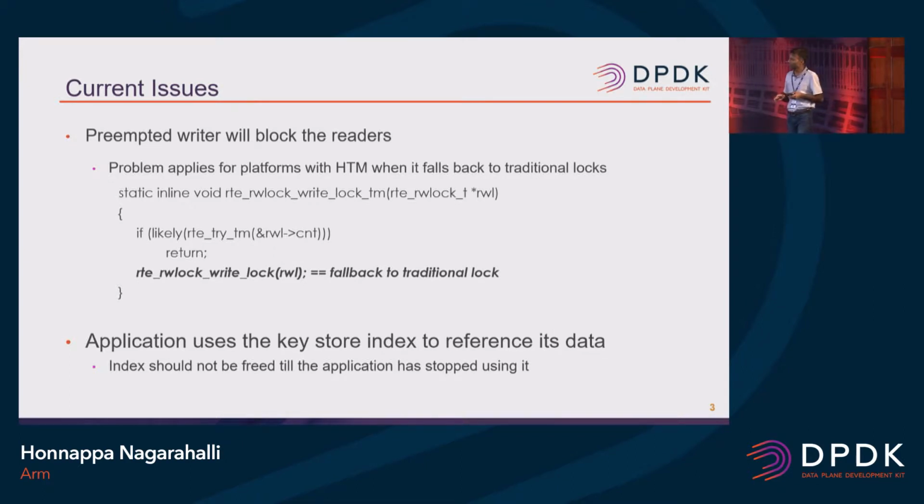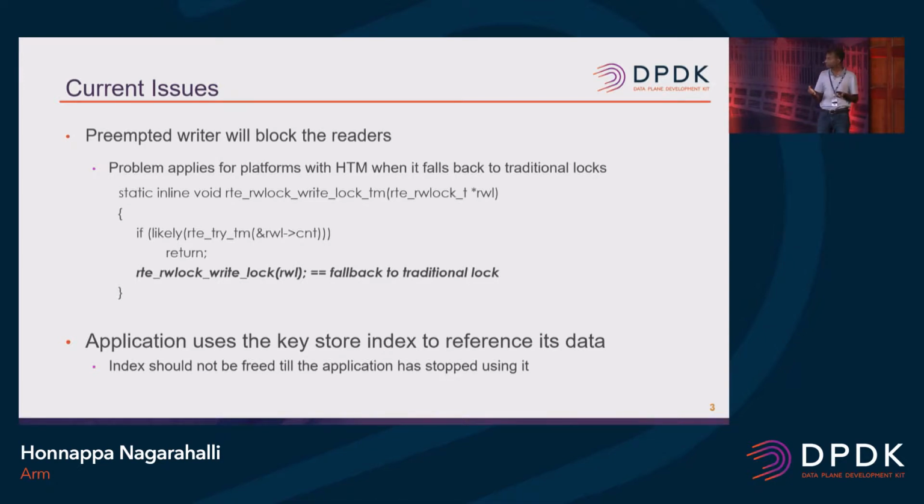The second problem is a subtle problem, I would say. Many of the hash add APIs return the index from the key store, where you have stored the key. But we say that the application can use this index to refer to its own data.